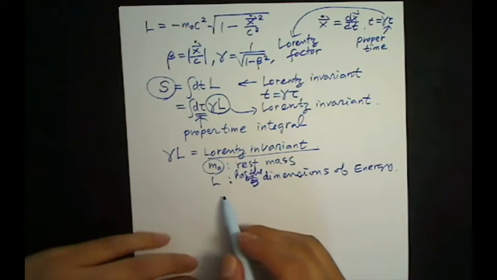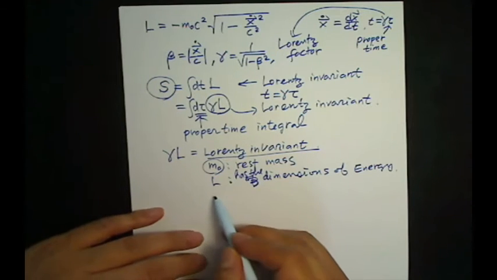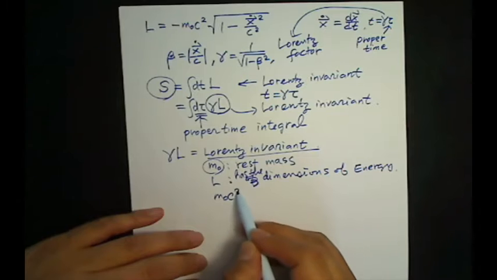The only possible way of describing this is m0c squared.